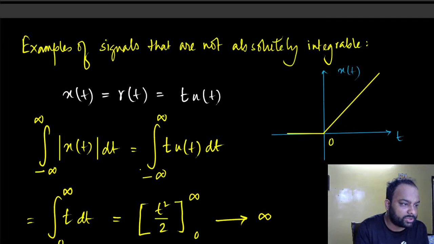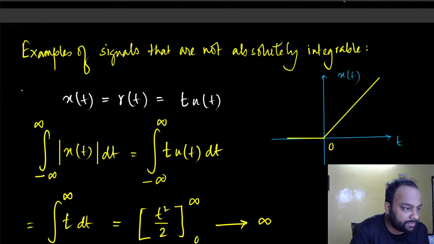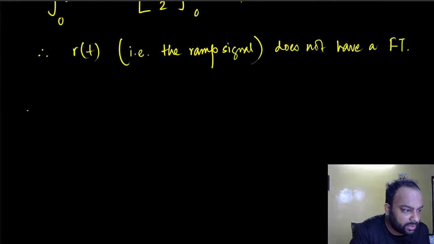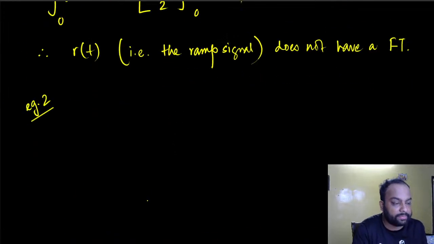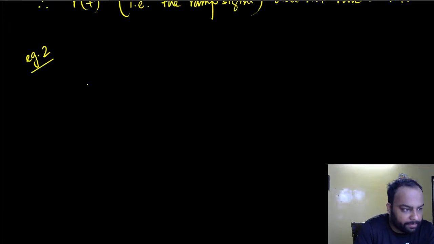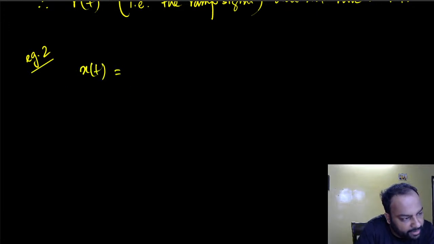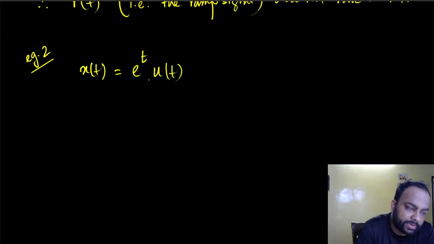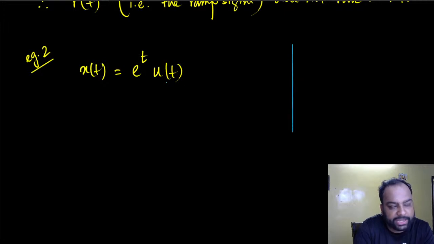Let's take another example. So this is example number 2. A very simple example. Let's say the signal is as simple as e to the power t u(t). A simple exponential signal. What does it look like? Again, I have written u(t) to make it causal, to make sure the value of the signal is 0 before t is equal to 0.